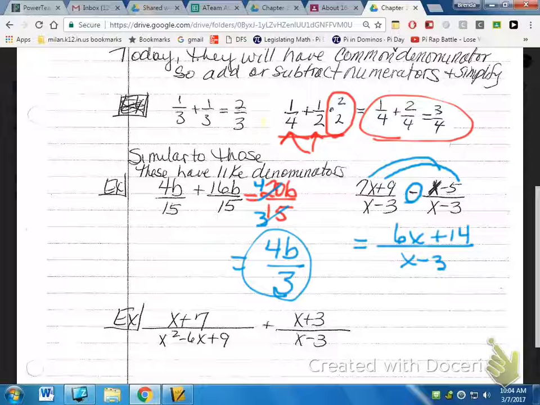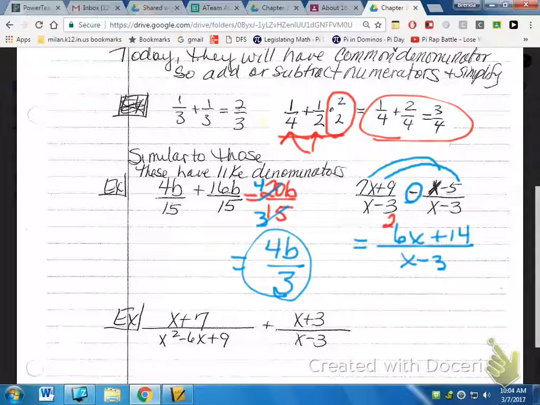So for the 6x plus 14, you have to try to factor out anything you can. And when we're factoring, remember the very first thing you always look for when you factor? What is that called? Greatest common factor. Is there a greatest common factor of 6x and 14? 2.